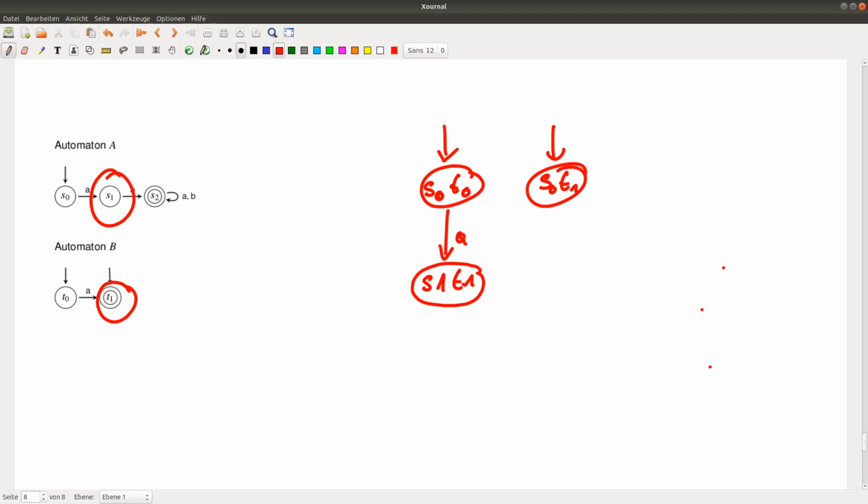And the final states have to contain S2 and T1, because these are the final states of automaton A and B. But we do not have any state S2, T1, and therefore this product automaton has no final states.